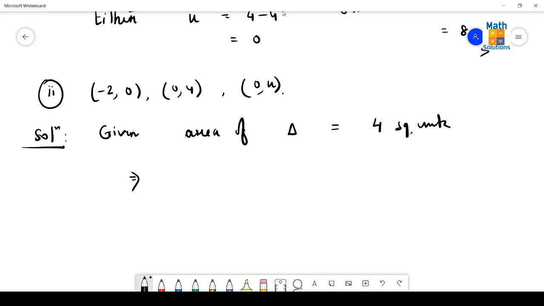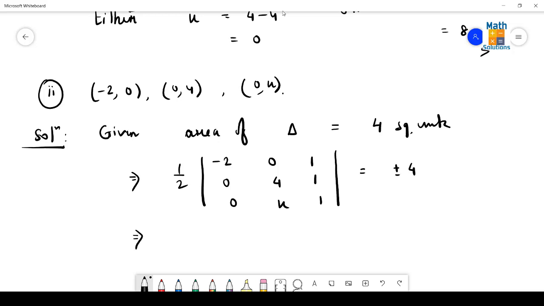This implies we can write down the formula: minus 2, 0, 1, then 0, 4, 1, then 0, k, 1, that is equal to plus minus 4, because both positive and negative values we have to consider there.